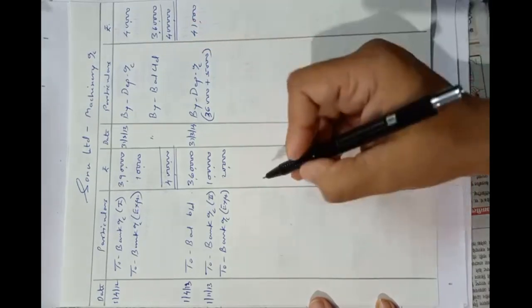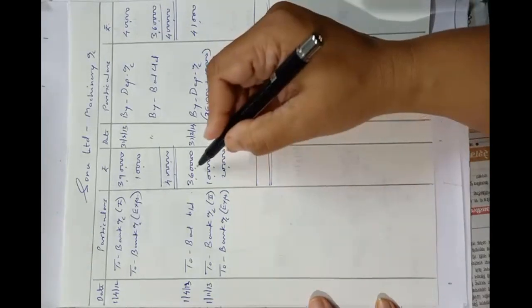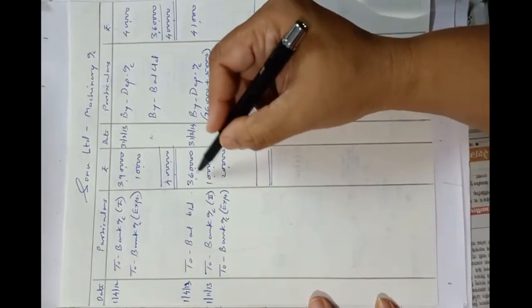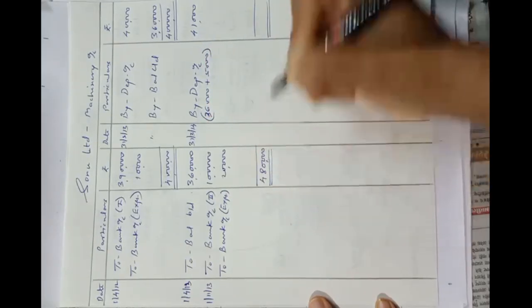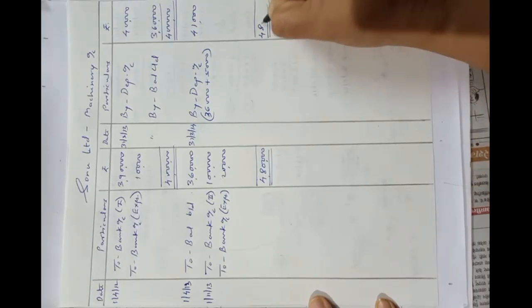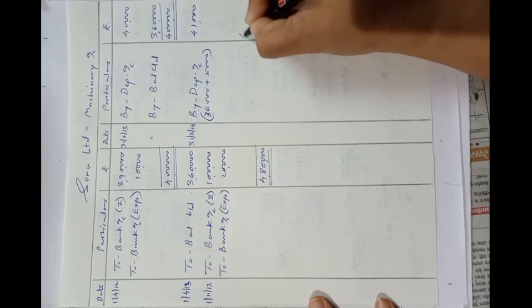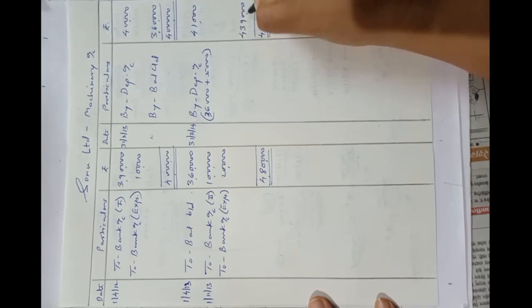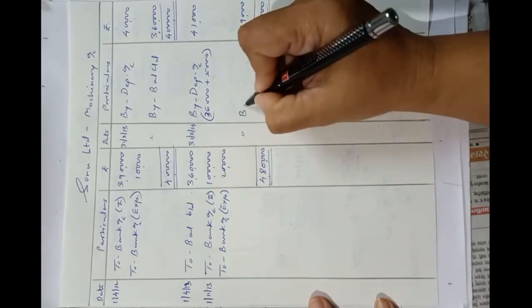Okay, now we'll tally this account for second year. Total amount is 4,80,000. 4,80,000 minus 41,000, so balance will be 4,39,000 at the end of the year, that is on 31st March 2014.